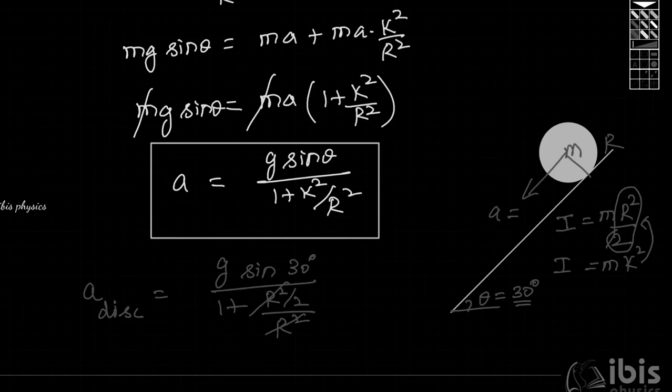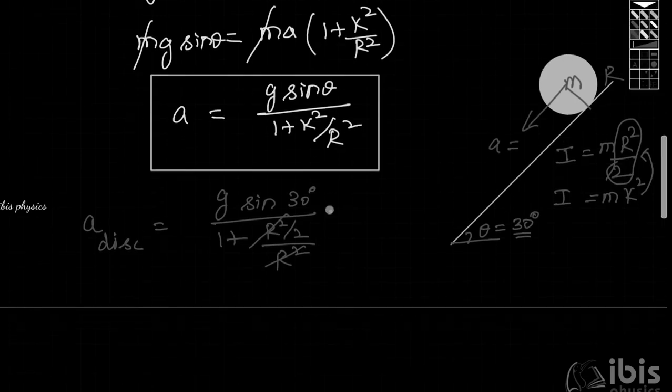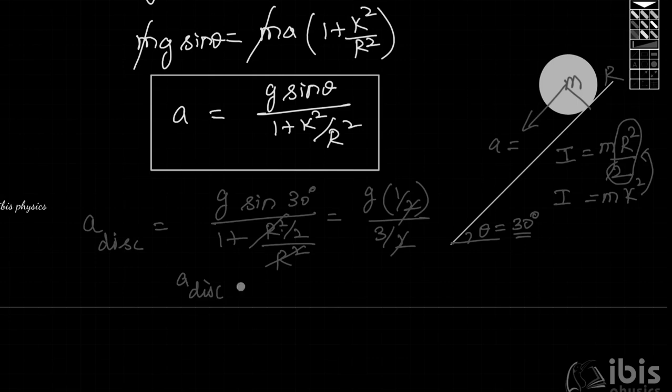Essentially these two r squares will be cancelled. So we get g into sine 30 degrees, which is 1 by 2, by 1 plus 1 by 2, which is 3 by 2. These two will be cancelled. So the acceleration of a disk down an inclined plane of angle of inclination 30 degrees will be equal to g by 3. That is how we will be using this relation.